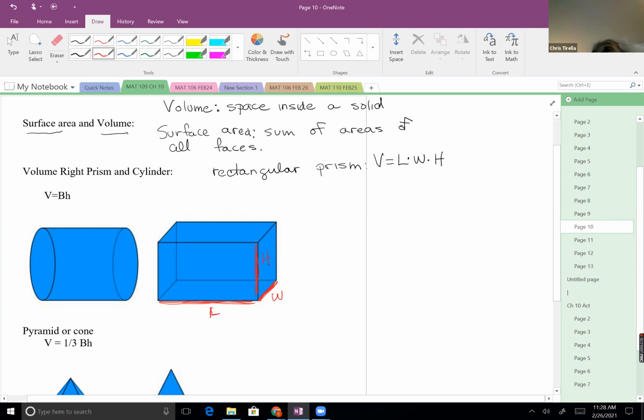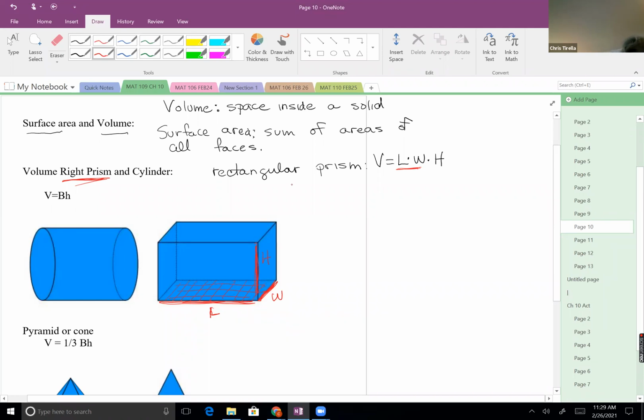And what I'd like to do, rather than focusing on a specific formula for each prism, I want to generalize to all prisms, no matter what the shape the bases are. And so over here, if I look at just this part, the length times the width, wouldn't the length times the width be the area of the base?